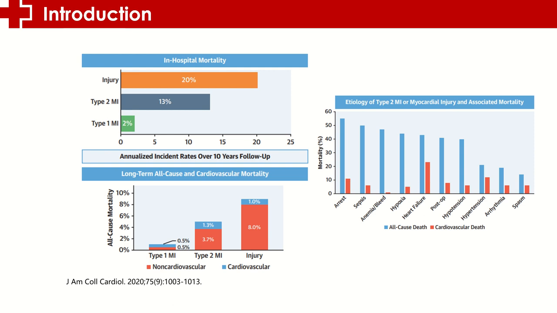In the right figure, hypertension, arrhythmia, and heart failure are the major causes of type 2 myocardial infarction-associated mortality, and arrest and sepsis are not major but minor.